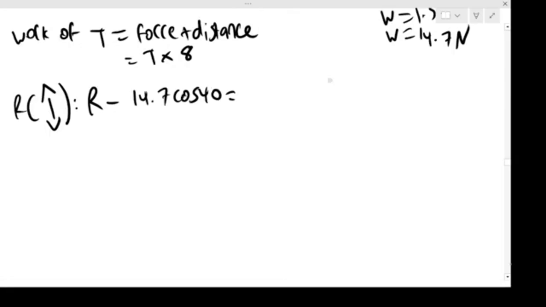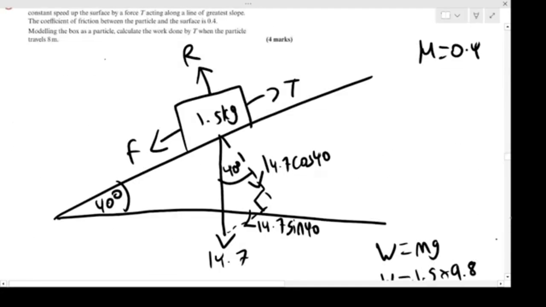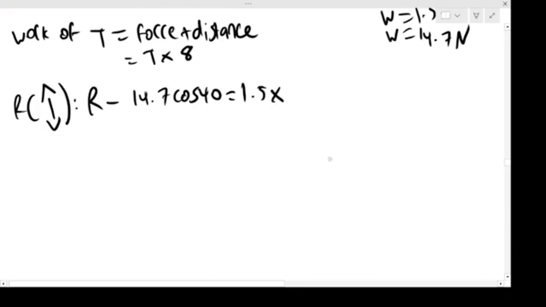Well, the mass is 1.5, but there's no acceleration acting upwards in that direction, so that goes to 0.